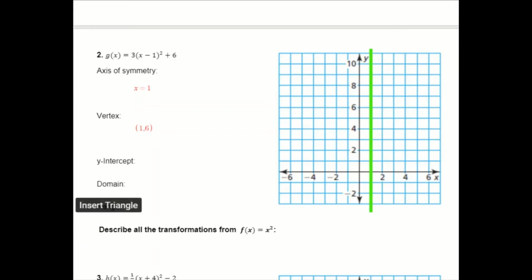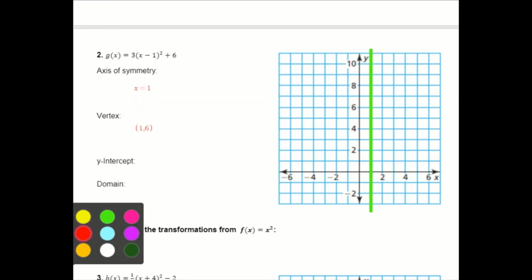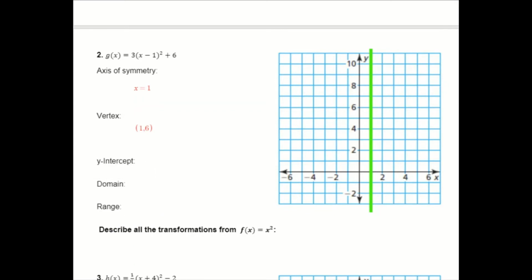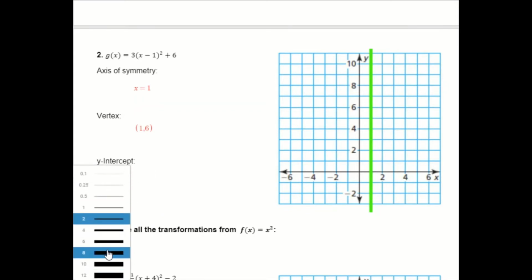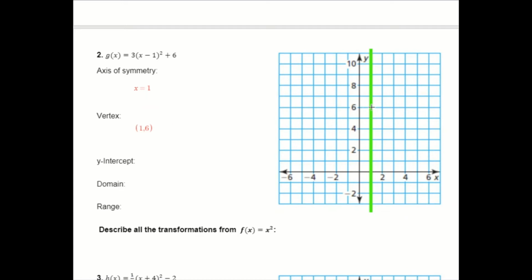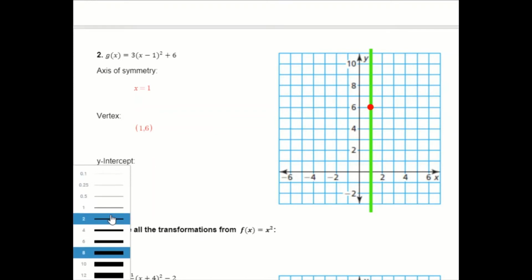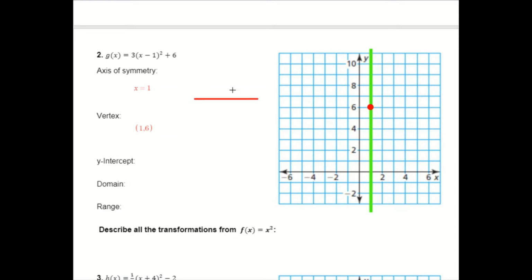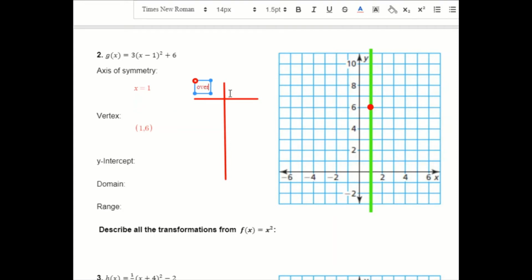So let's go ahead and plot some points now, or at least the first one that we know, which is this 1, 6 is right here. And now we'll generate our table, a little over-up table. Okay, so over and up.